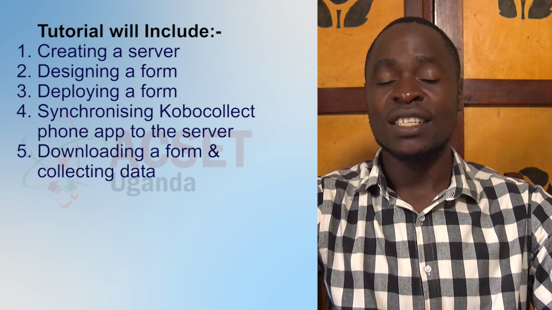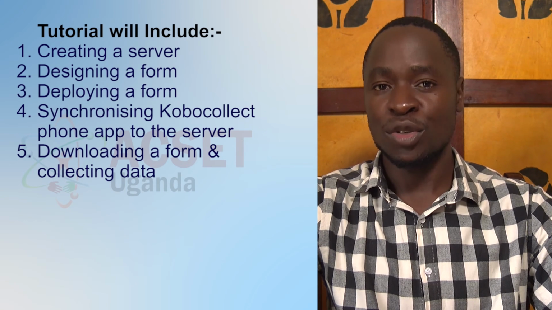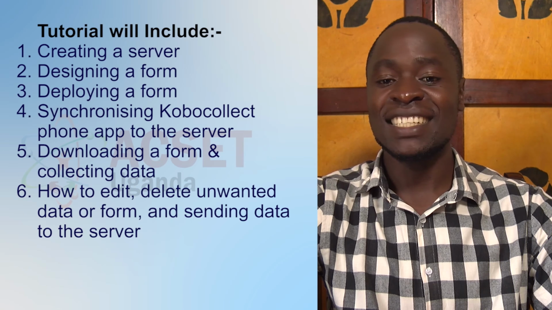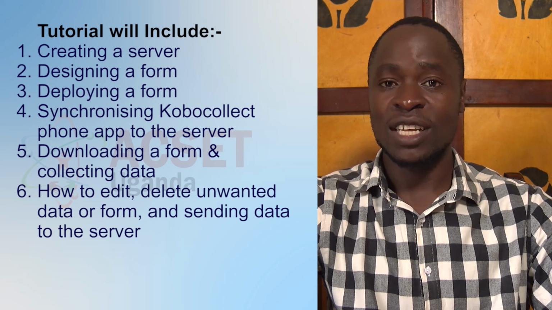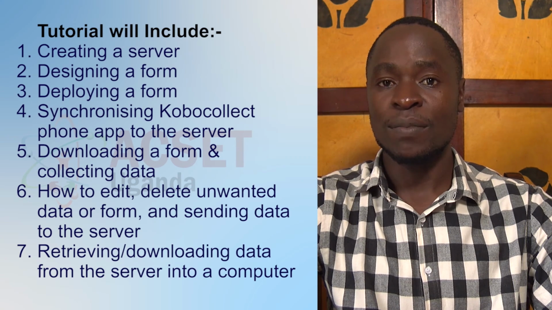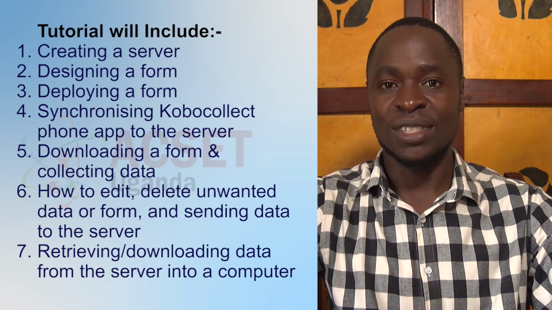The fifth is downloading a form from the server into the tablet or into the application. The sixth is how to edit, delete unwanted data and sending the data back to the server after you have collected it. And then the seventh is retrieving or downloading the data collected from the server into your computer.